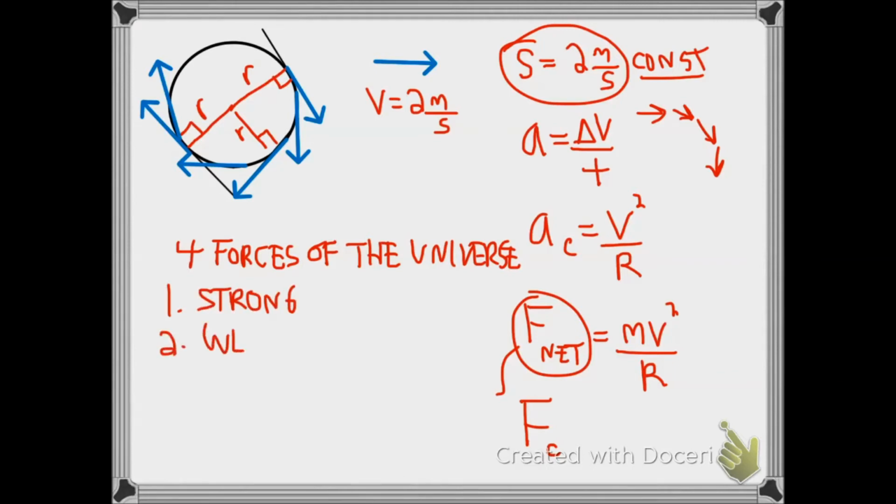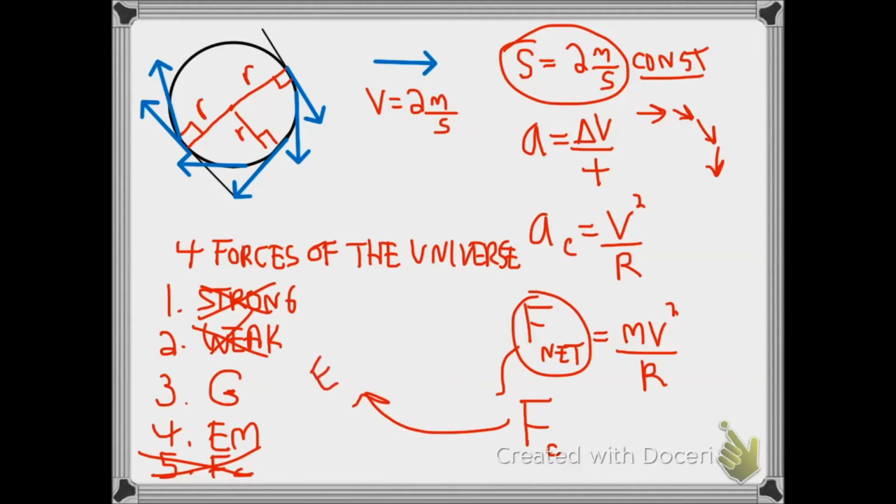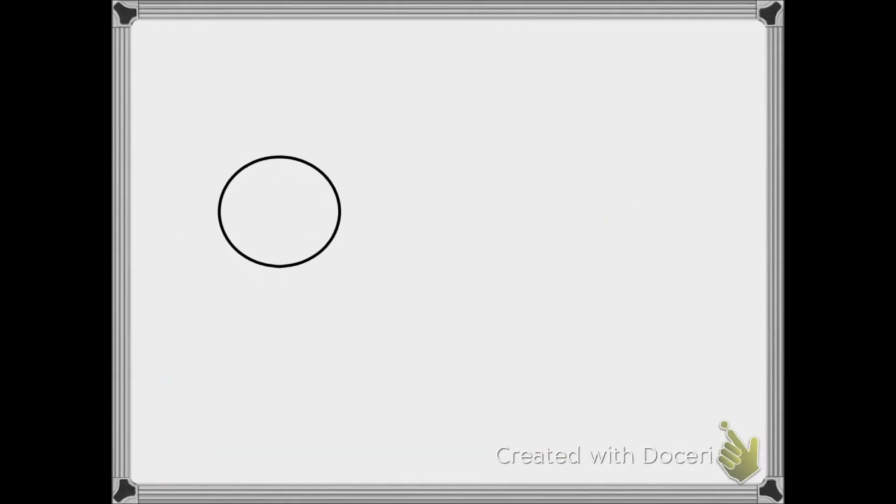Those are both nuclear forces that exist between particles in the nucleus of an atom. The other two are gravity and the electromagnetic force. There's no fifth force. There's no centripetal force. So when we're talking about a centripetal force, we're talking about either gravity or the electromagnetic force or some combination of both.